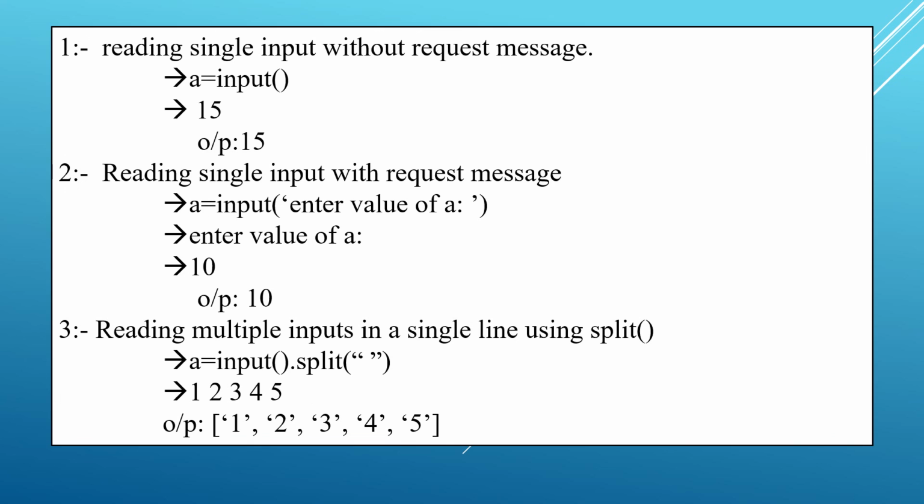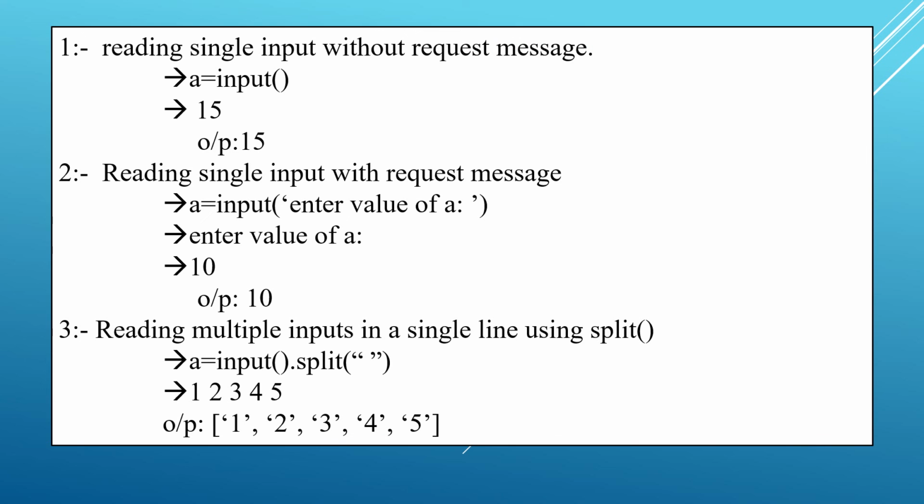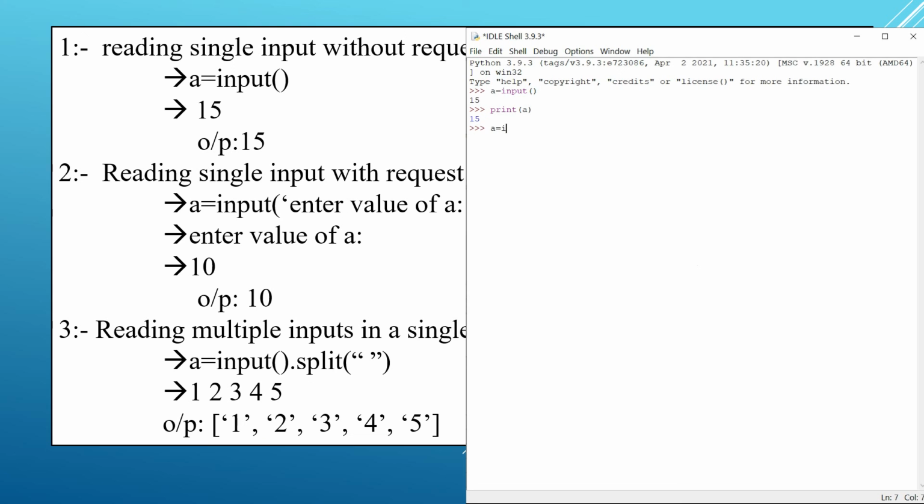Next, types. Reading single input without request message. If I take a is equal to the input function, next it will ask us to enter the value. If I enter 15, then print of a will get the output as 15. Next, reading single input with request message. In this, we'll use a message in the input function.